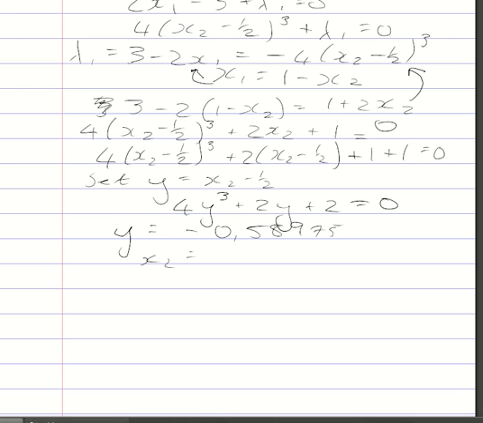Since y is equal to x2 minus a half, you just add a half to get x2, so you get minus 0.08975, and solving for x1 is equal to 1 minus x2, we get 1.08975.